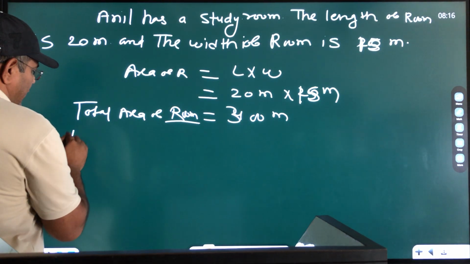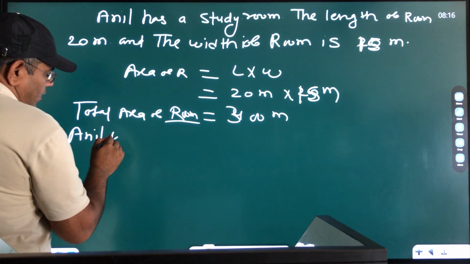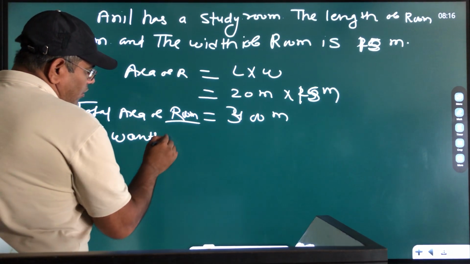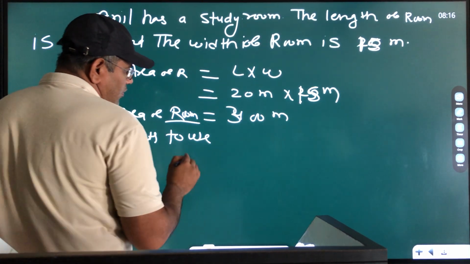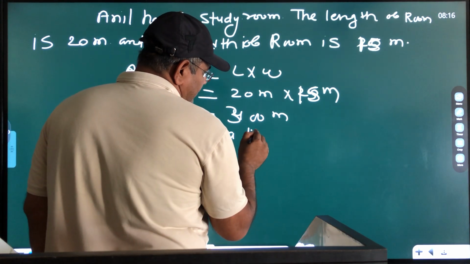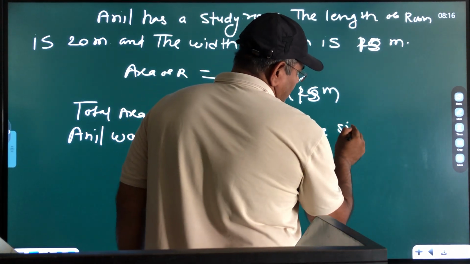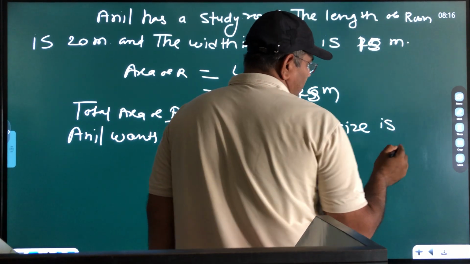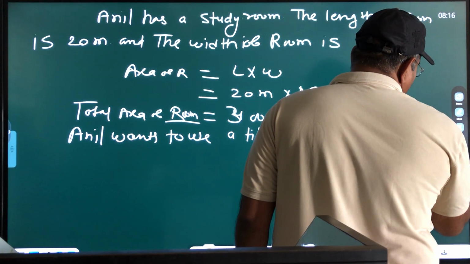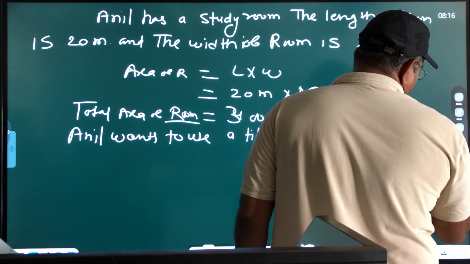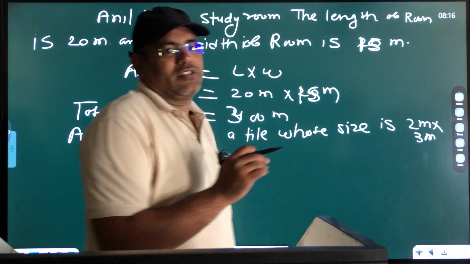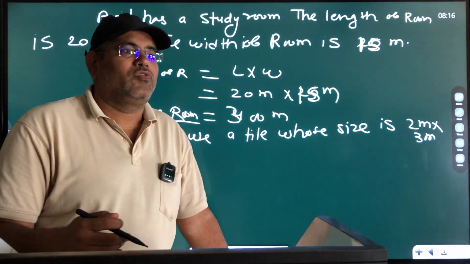For example, Anil wants to use a tile whose size is 2 multiply 3 meters. 2 meters by 3 meters.